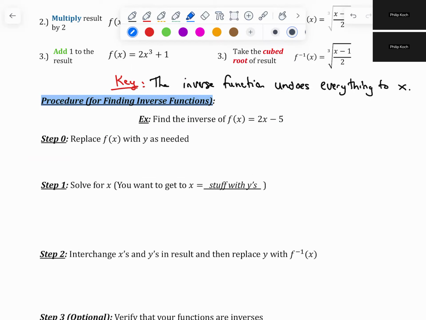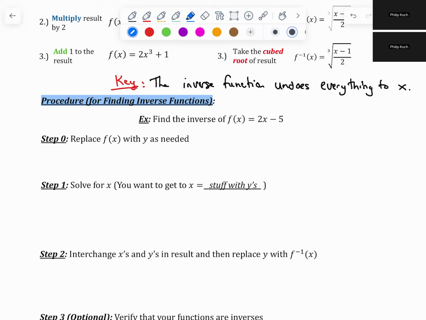Step 2 is going to be interchanging x's and y's. They change those two steps, but I disagree with that because it fundamentally misses the point of what an inverse does. So I do it this way. If you like the way that the book does it more, you can do it that way. It's not wrong to do so. I can go into a tirade on it in just a moment.